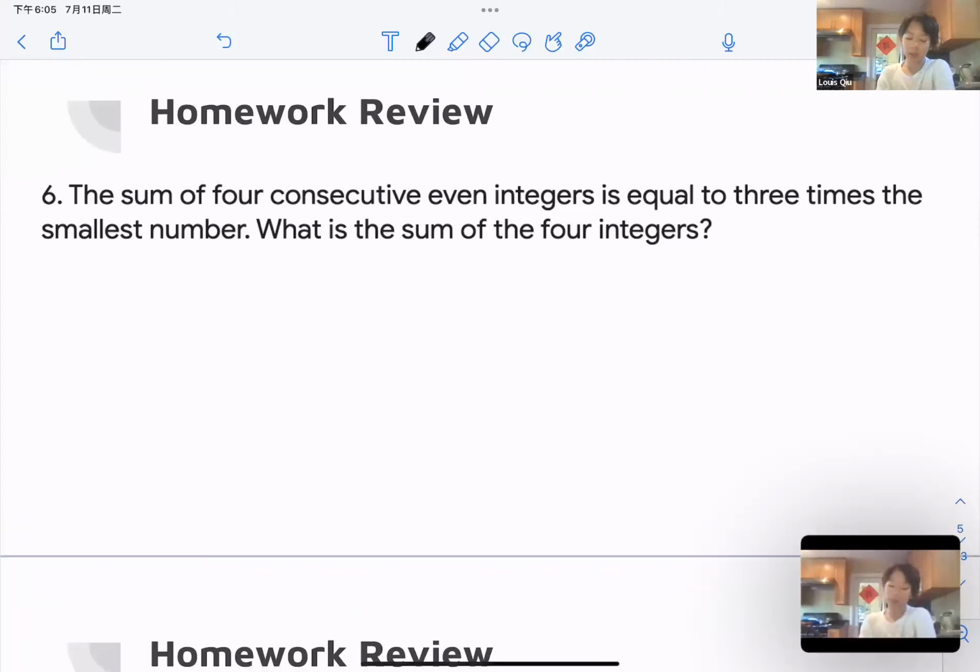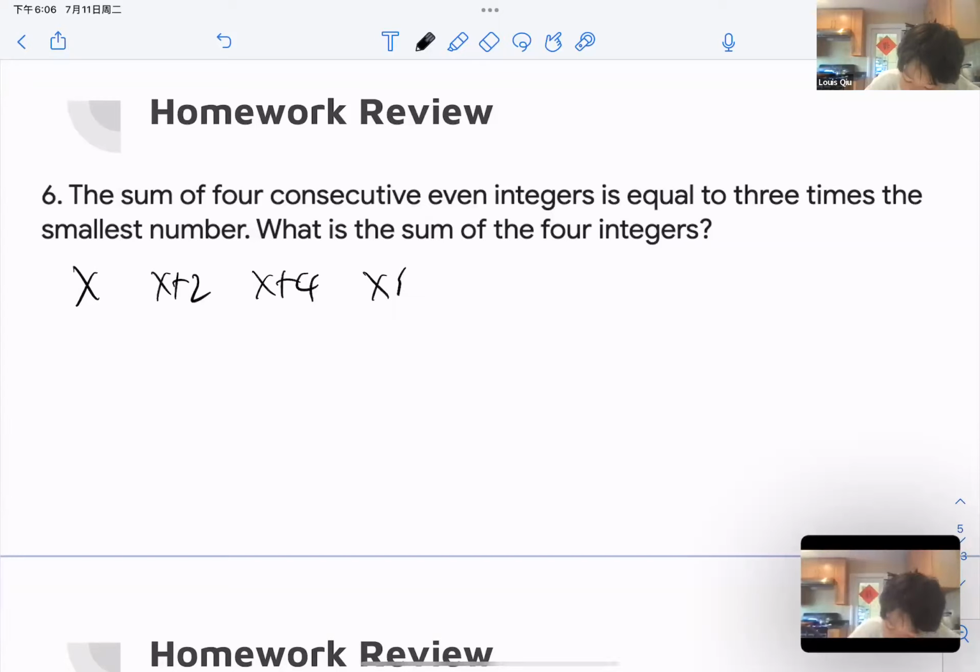The sum of 4 consecutive even integers is equal to 3 times the smallest number. What is the sum of the 4 integers? Suppose that the smallest even integer is x, and then the next one will be x plus 2, then x plus 4, and x plus 6.